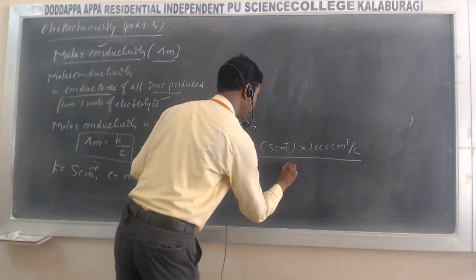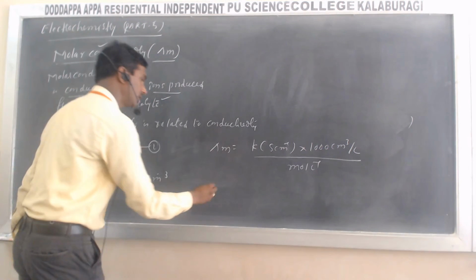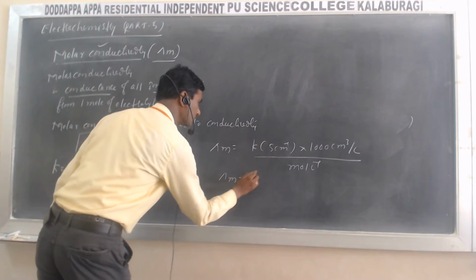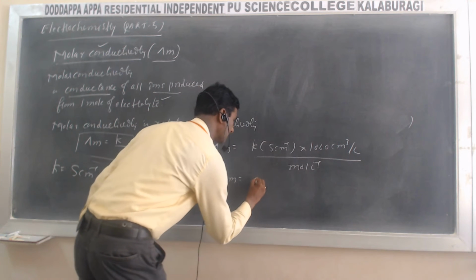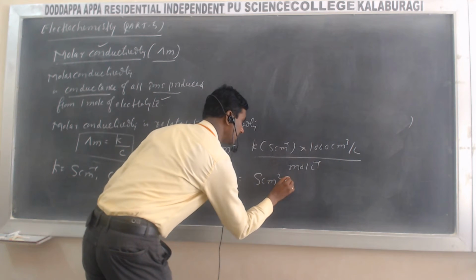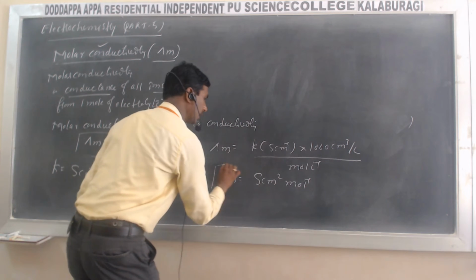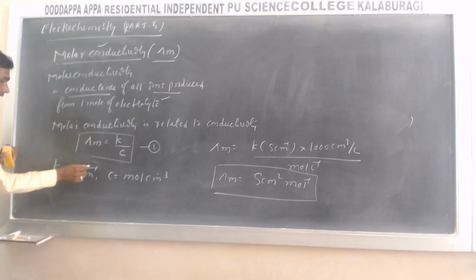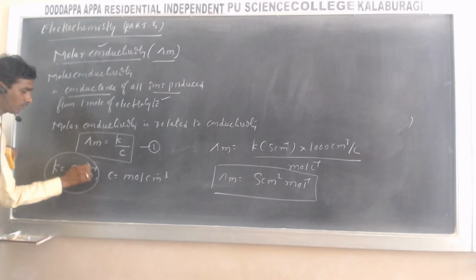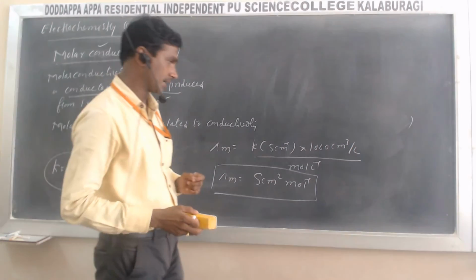So the unit is Siemens centimeter square per mole. This is the unit of molar conductivity if conductivity is in Siemens per centimeter.